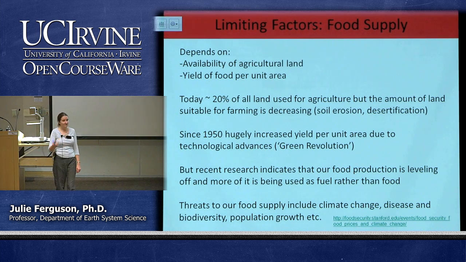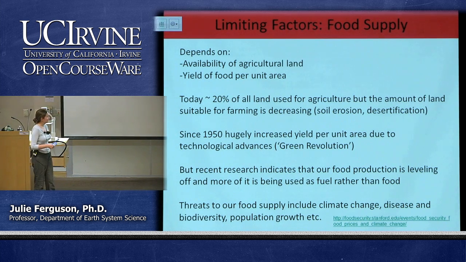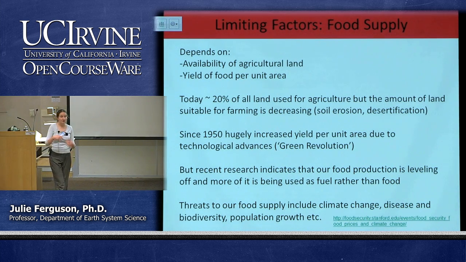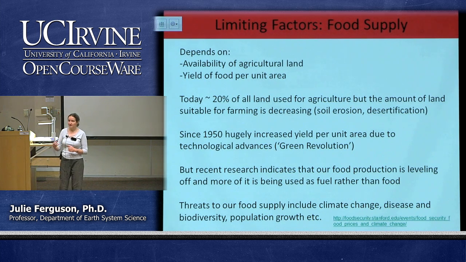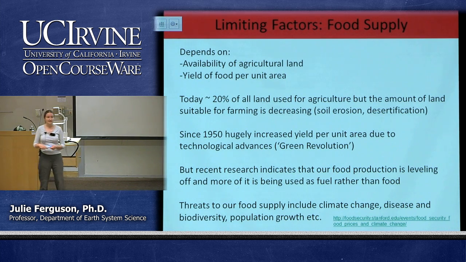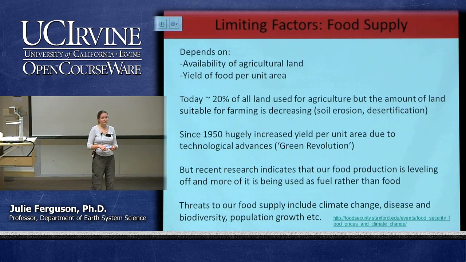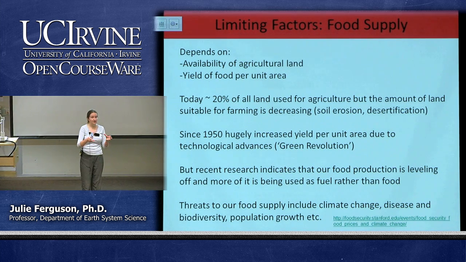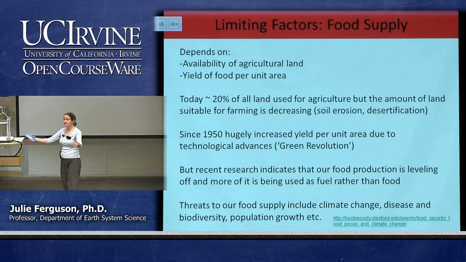And so we have a number of threats to our food supply. Things like climate change are going to change where we can grow certain crops potentially. Remember, it's going to really affect our rainfall and precipitation patterns in a lot of areas. Things like disease and biodiversity. Increasingly, the crops that we're growing are, if not genetically modified, certain genetic codes of crops, and they tend to be clones of each other.